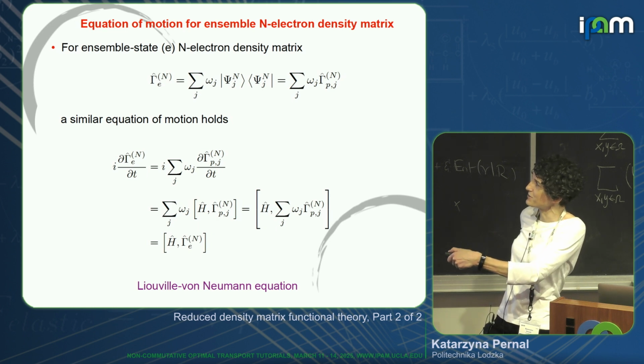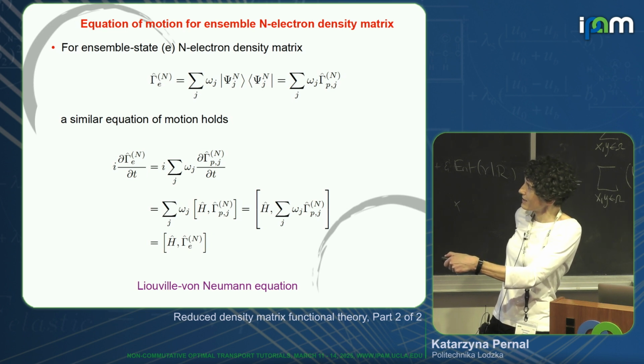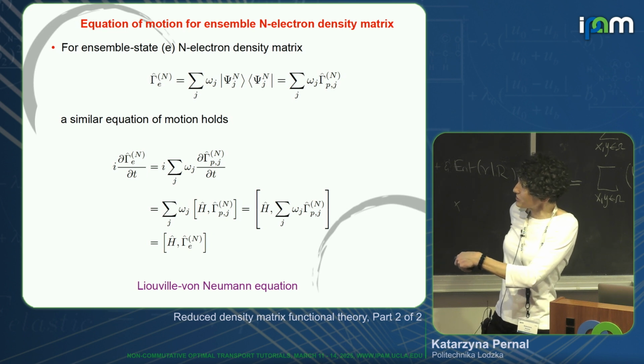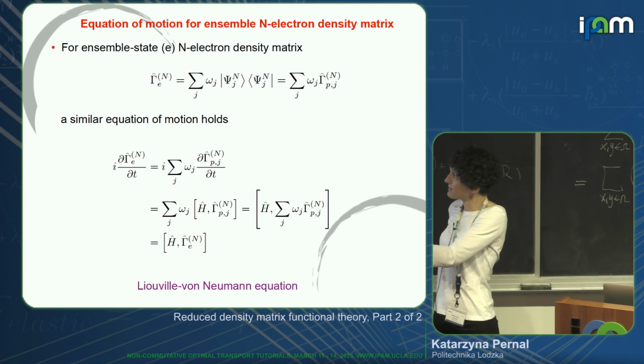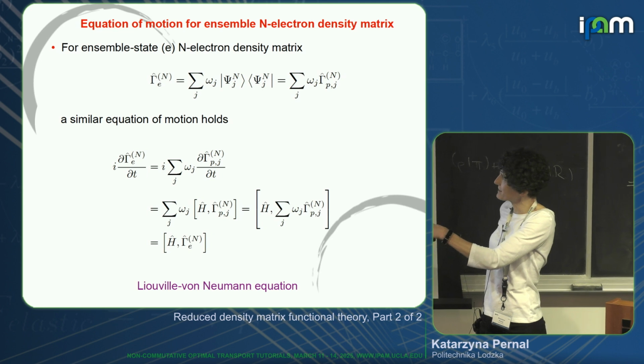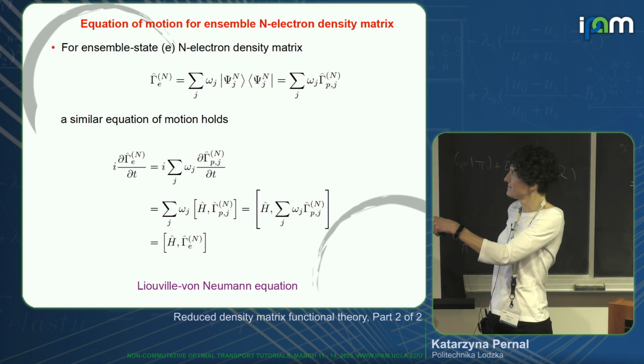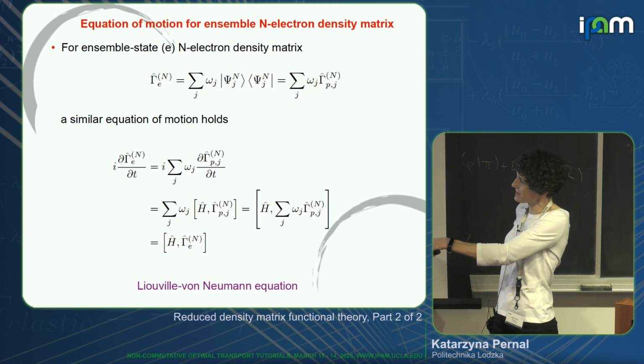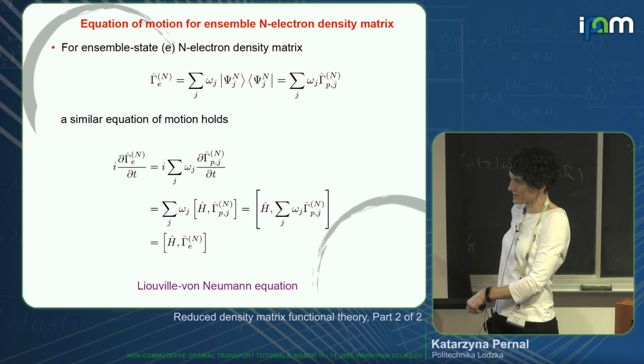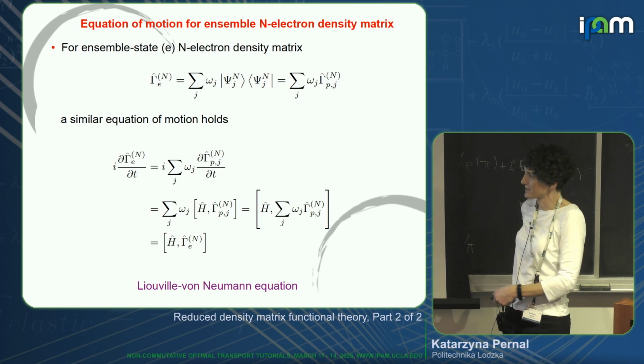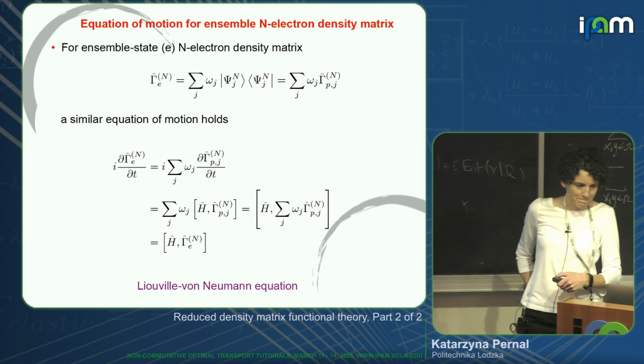So you take a derivative of the state of Ket and Bra, use the time-dependent Schrödinger equation for the time derivative of Bra and Ket, and then you end up with such a right-hand side where you have a commutator of the Hamiltonian and the ensemble density matrix. Okay, so far nothing new. So this is this Liouville von Neumann equation.